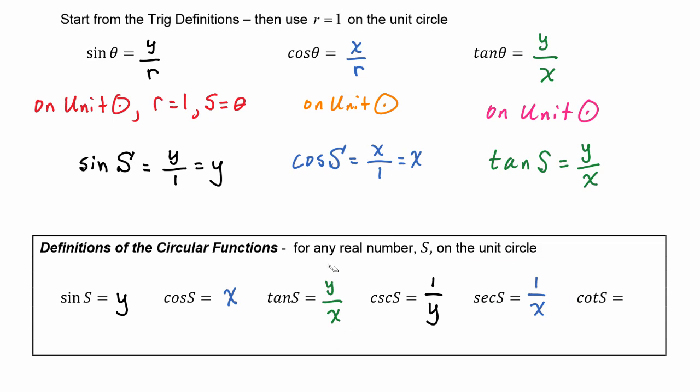And if tangent of S is y over x, then cotangent of S is going to be x over y. Now these are called the circular functions. Notice it's a different name. They're not called the trig functions. The circular functions only exist on the unit circle. That's the only place that the circular functions exist.